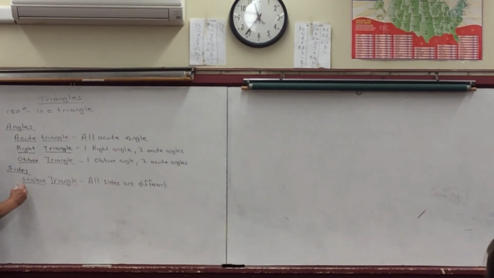The second type of triangle is an isosceles triangle.